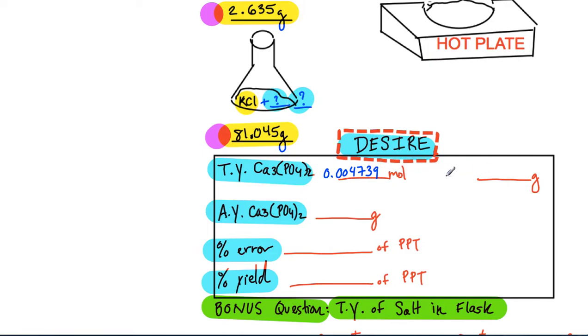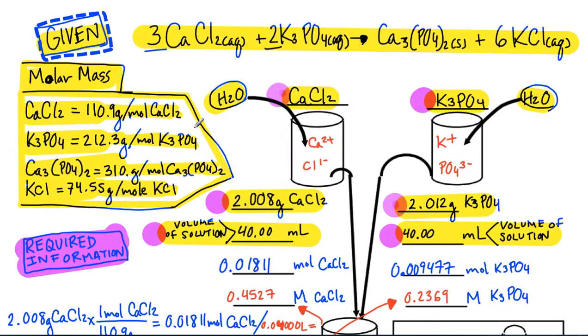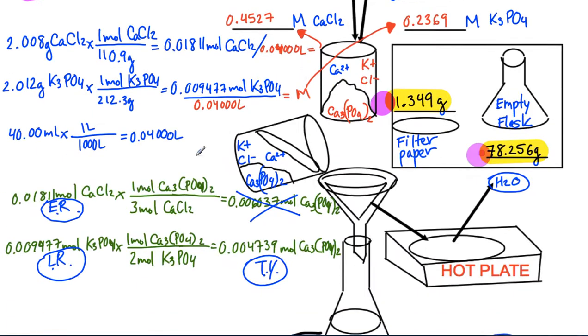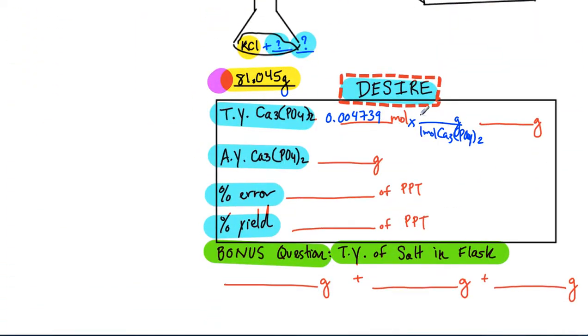And then in the grams, we're just going to multiply that times the molar mass for every 1 mole of calcium phosphate. We have a certain number of grams. We scroll up here, we look at the molar mass of calcium phosphate is 310 grams. And so we multiply that times 310 grams. When you do that, you get 1.469 grams.